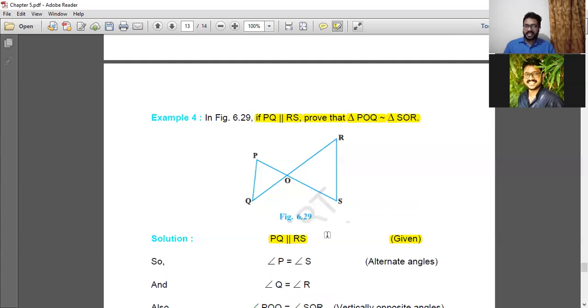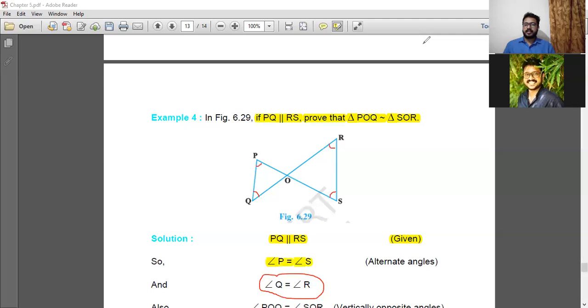As a result, we can say that angle P is equal to angle S. Why? Because alternate angles are equal. Now again, angle Q is equal to angle R. Again the same condition: alternate angles.